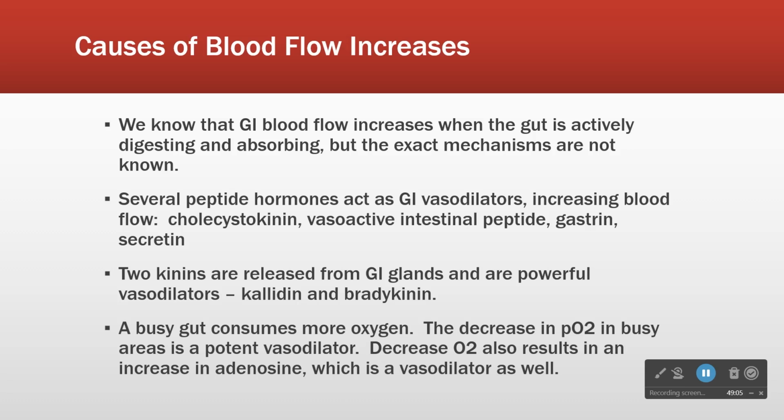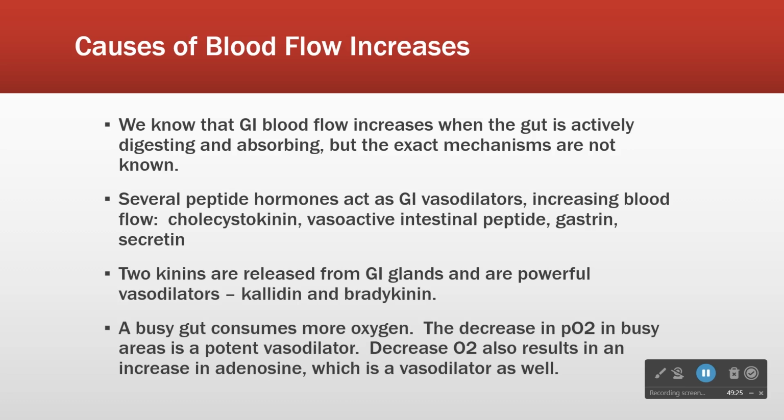Several of the peptide hormones are essentially GI vasodilators. So they reduce resistance and increase flow. Like cholecystokinin, VIP, gastrin, and secretin all have this effect to increase GI blood flow.